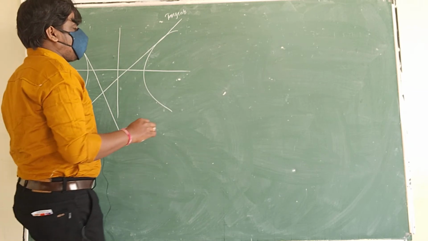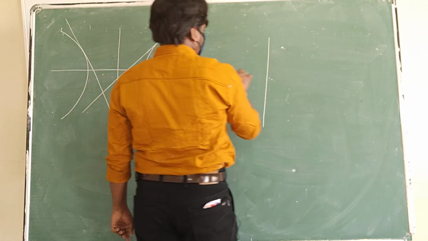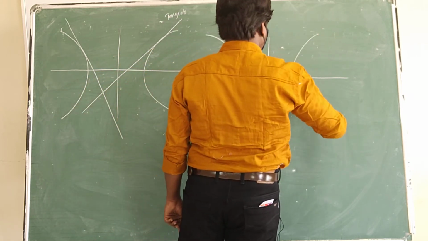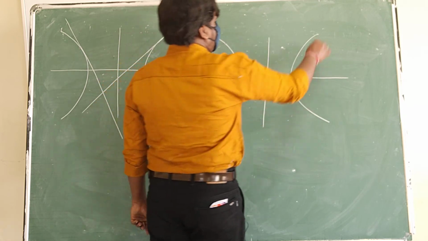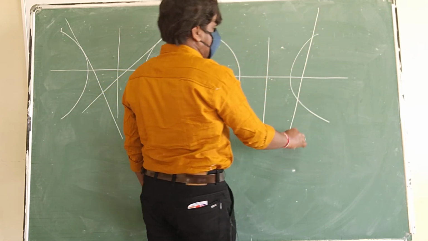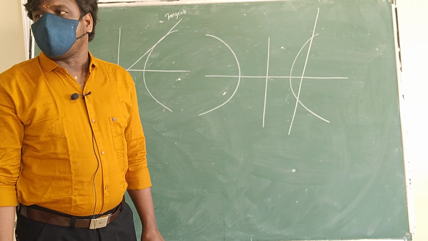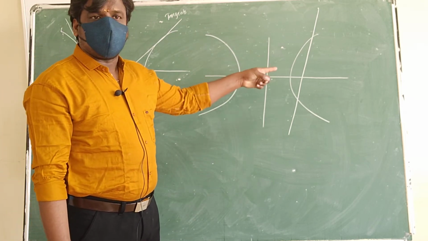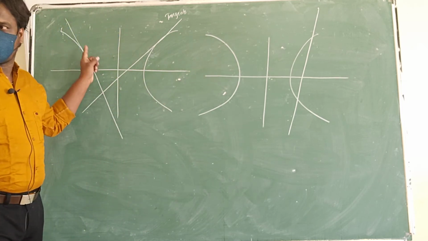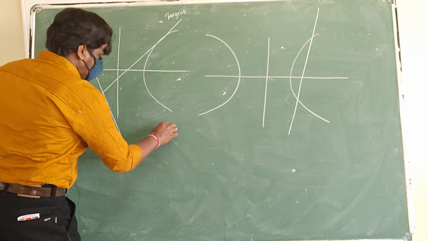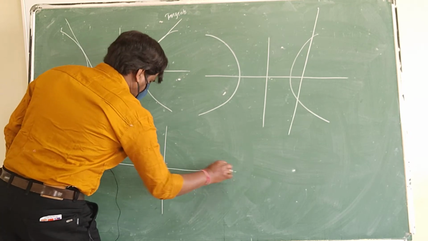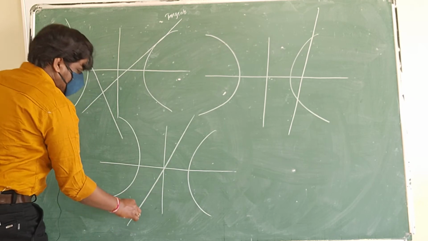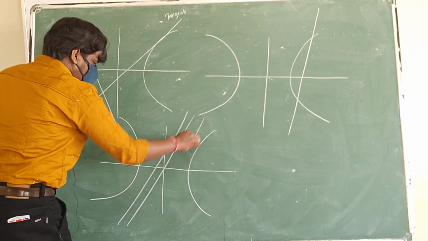And another way is what here? This is a hyperbola you have. This is possible, they can intersect like this. It can intersect, it can touch. Another way is, the line will never touch, it goes like this.